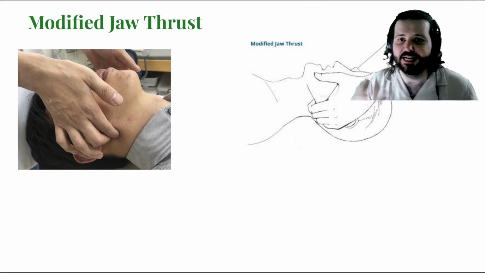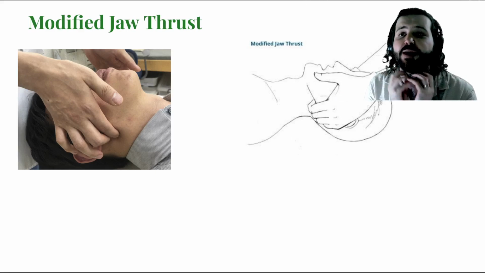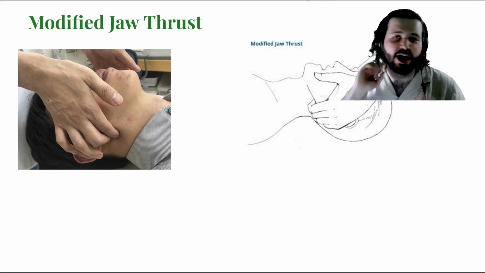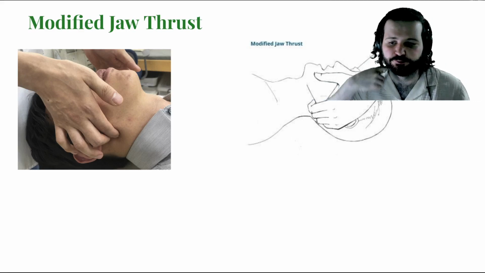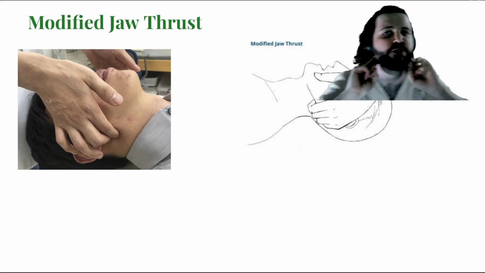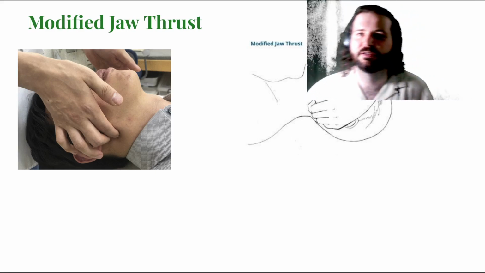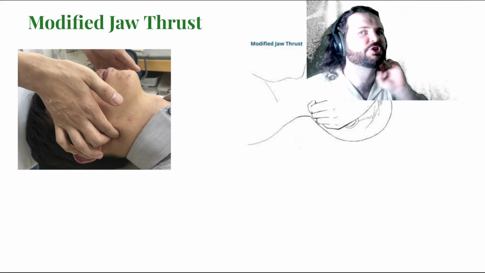The idea is the same. We're trying to increase the amount of space at the back of the airway, at the back of the throat, to allow more oxygen in, without messing with that C-spine. It's kind of hard to see when I'm dark, but we're going to essentially push the jaw forward.